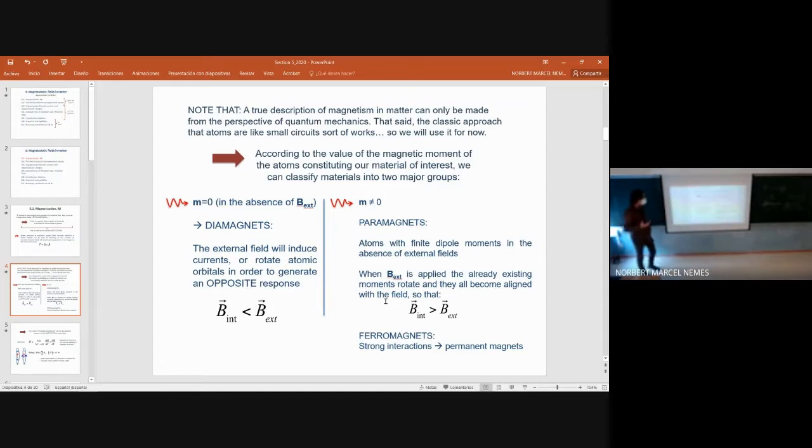Diamagnets usually do the following. If you apply an external field, that external field will induce a magnetic moment. It will induce tiny orbital currents that will try to oppose the applied field. So the internal field will be smaller than the external field.